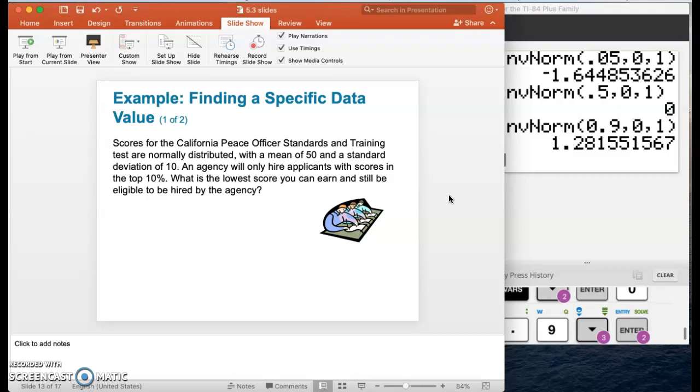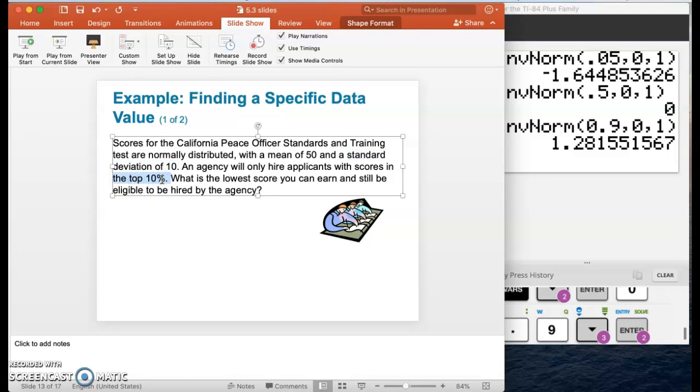Okay, so let's think about what we know. We're given that the tests are normally distributed. We're also told that the mean is 50 and the standard deviation is 10. We're also told that they will only hire applicants with scores in the top 10%.